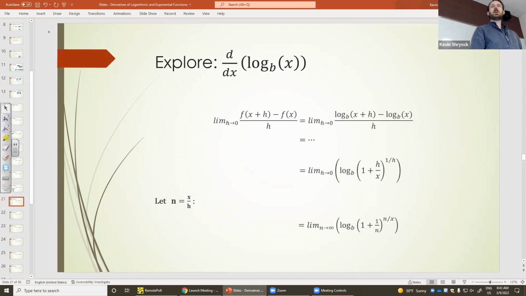So we'll let n be x over h, and if we do that, notice what emerges. It's almost exactly that definition of e. That's great. Also, I can even replace the limit notation because, as we said, h going small was the same thing as that fraction going big, so I can restructure everything and say n going big and h going small, same meaning, different appearance.